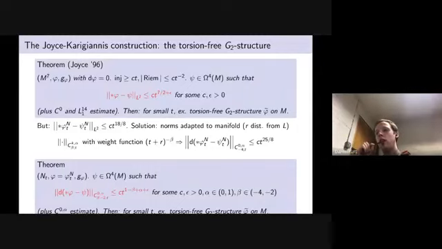So take alpha roughly 0, beta roughly -2. Then according to the theorem, we need the estimate T to the 3 plus epsilon. And that's exactly what we have: we have T to the 25/8, which is 3 plus epsilon. Okay, so that's one way to get torsion-free G2 structures on the Joyce-Karigiannis manifold.